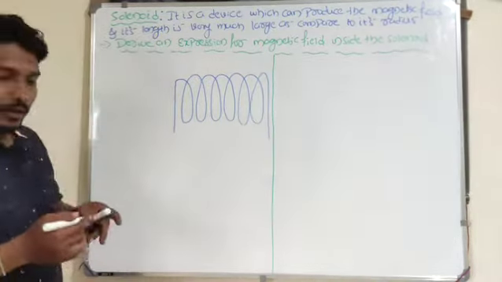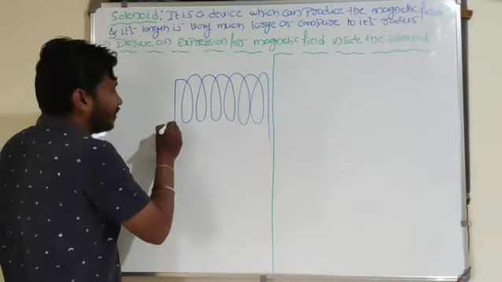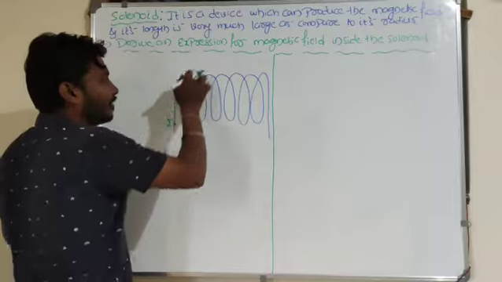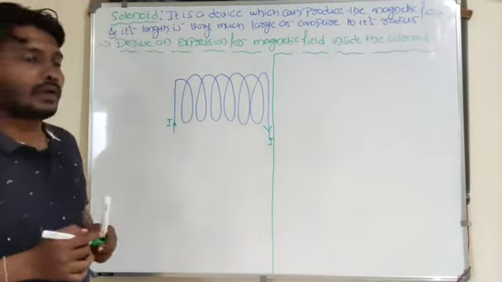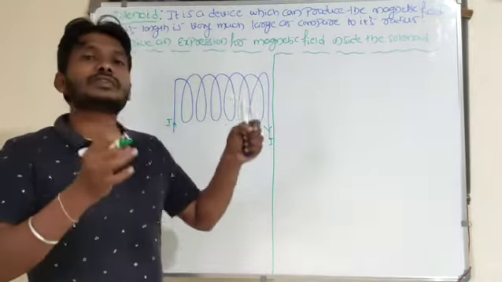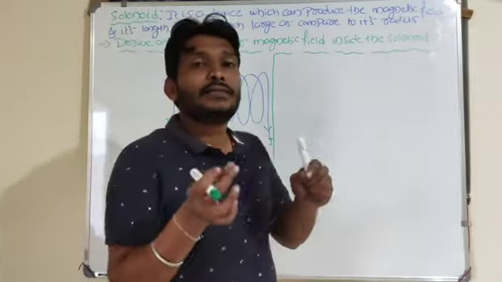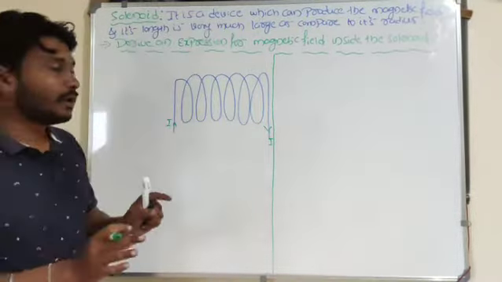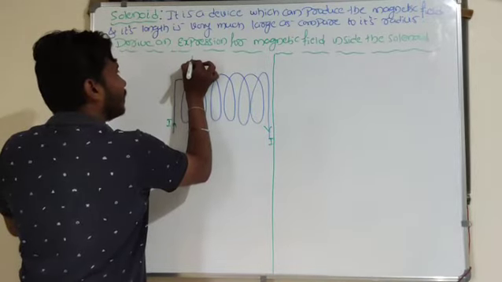In this solenoid, a certain amount of current is flowing. That current flows through this solenoid and comes out of it. Now I have to find the magnetic field inside the solenoid. For that purpose, in this solenoid I will choose one rectangular portion here.